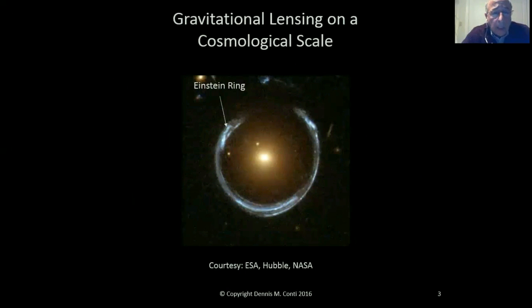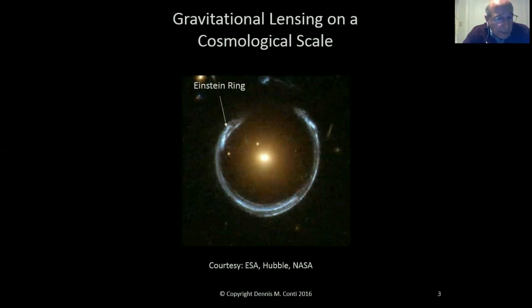One of the things you may have already seen in various magazines is the gravitational lensing of a galaxy by another galaxy. In fact, what you see here is a foreground galaxy lensing a background galaxy.